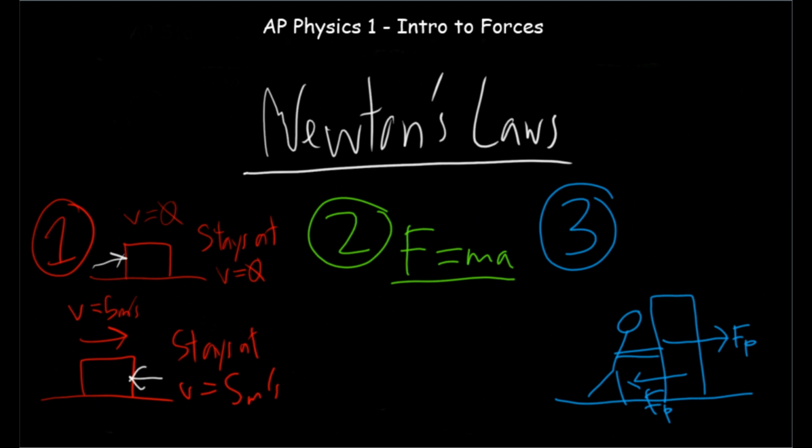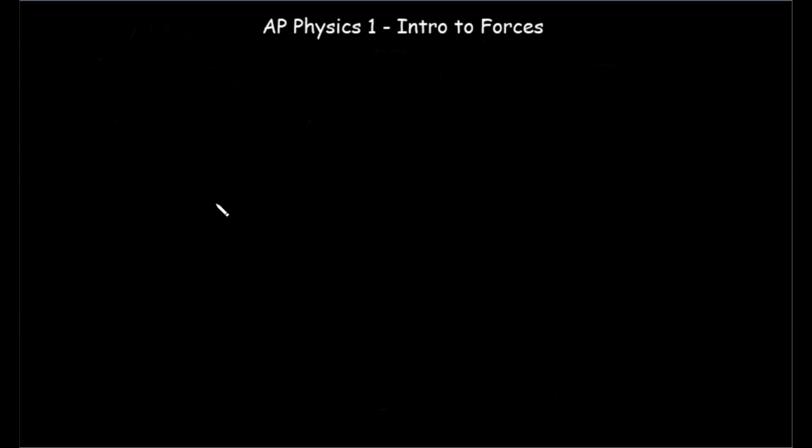And this is what we call a force pair. They're equal and opposite. They have the same magnitude, but they're going in completely opposite directions, and that's why the wall doesn't move.